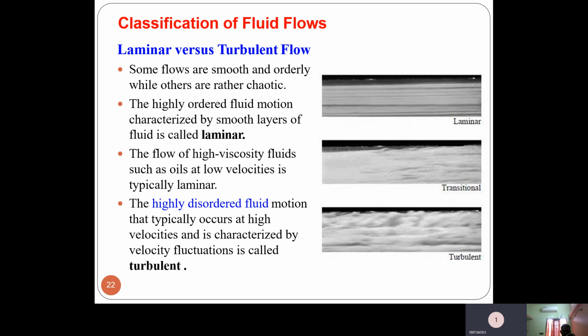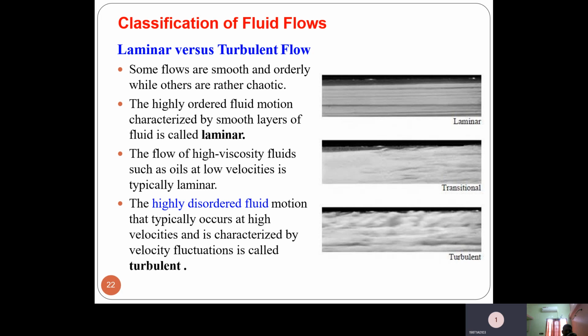Now, the flow of high viscosity fluids such as oils at low velocities is typically laminar.